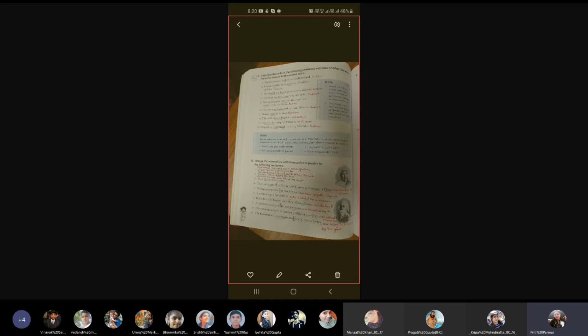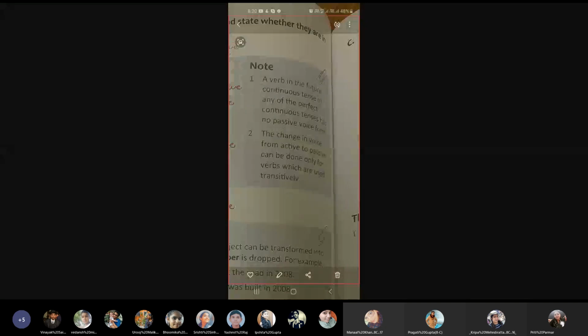Now, out of these, you will do the fifth one and the 10th one. That's it. Before we move on, let us see this note. Number one, a verb in the future continuous tense or any of the perfect continuous tenses has no passive voice form.